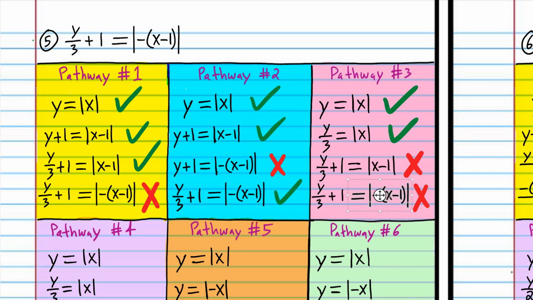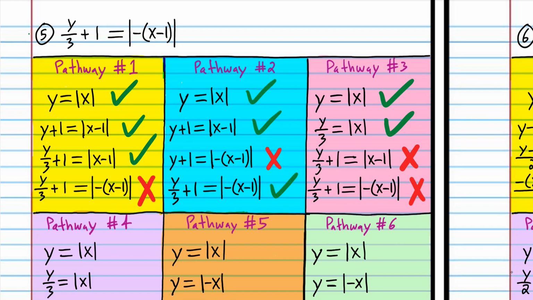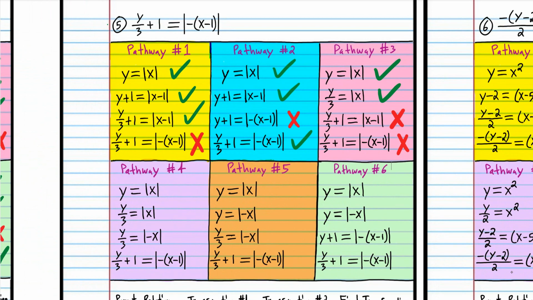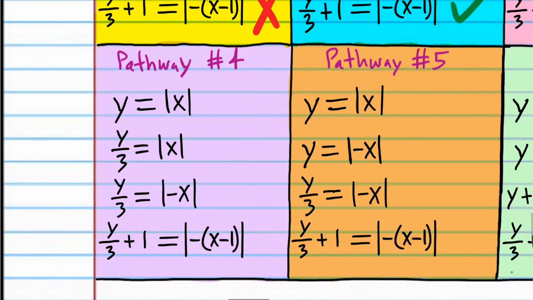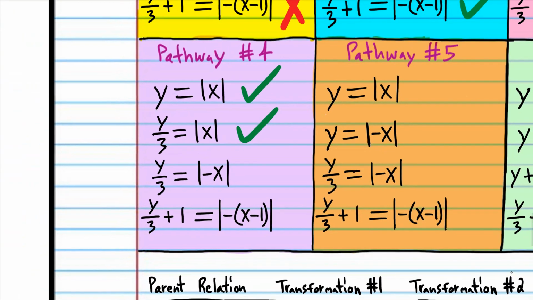Now again, we could figure it out, but it introduces some complications. Okay, let's try pathway number 4. We have our parent equation. We're replacing y with y over 3. Then we're replacing x with negative x. So we multiply all the y values by 3, then we reflect across the x-axis. And then we have a problem.